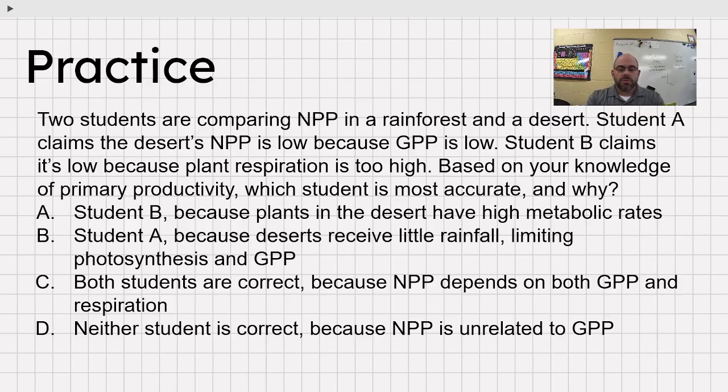That's not true because they're contradicting one another, right? They're not saying the same thing, so they both can't be true. Neither student is correct. Again, well, this could be it, but NPP is related to gross, and so we're going to go with student A here. That is the correct answer. Student A, because deserts receive very little rainfall, this is going to limit photosynthesis, which needs water, which is then going to limit gross primary productivity.